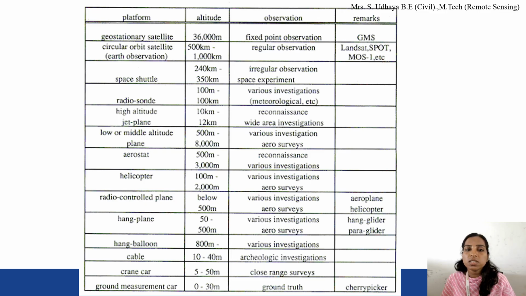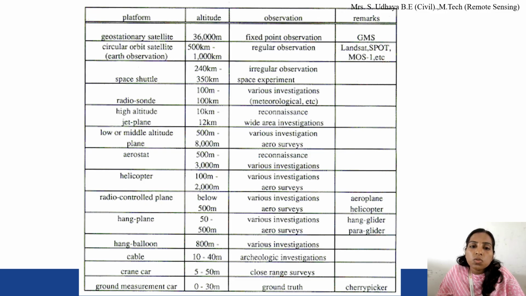The next one is the high altitude jet plane, which flies at 10 kilometers to 12 kilometers. It's used for reconnaissance surveys and wide area investigations. Jet planes are most popular. Next, low or mid altitude planes have heights ranging from 500 meters to 8,000 meters, used for various investigations and aero surveys.